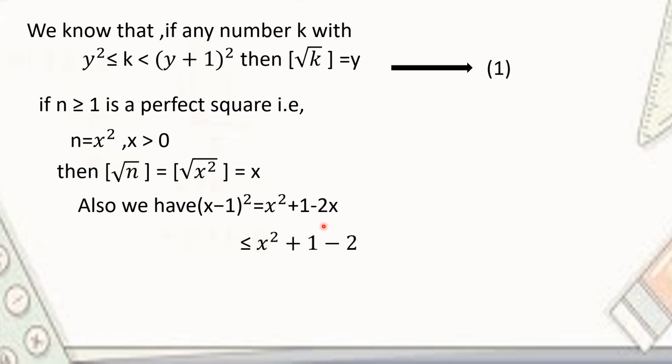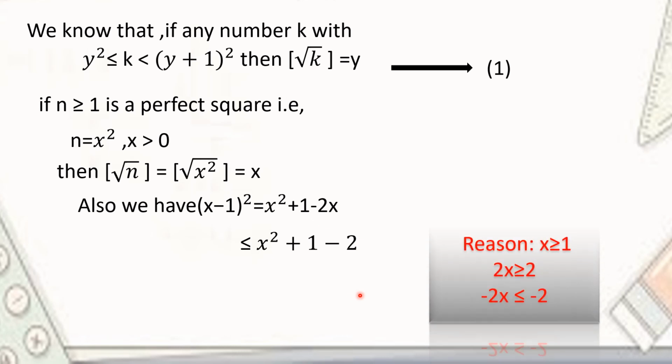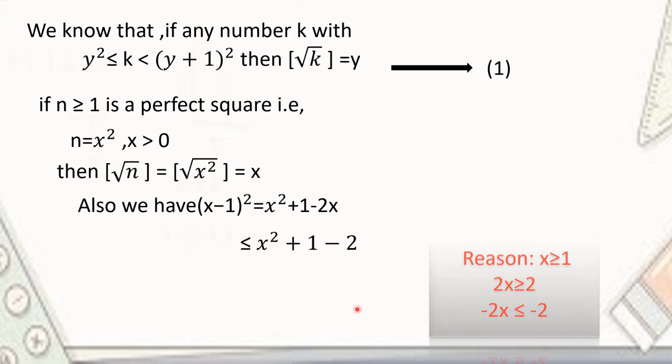This can be written as less than or equal to x square plus 1 minus 2. How can we replace minus 2x as minus 2? We'll see the reason. If x is greater than or equal to 1, obviously 2x will be greater than or equal to 2. When you multiply by minus 1 on both sides, minus 2x is always less than or equal to minus 2. So we substitute minus 2 in the place of minus 2x.